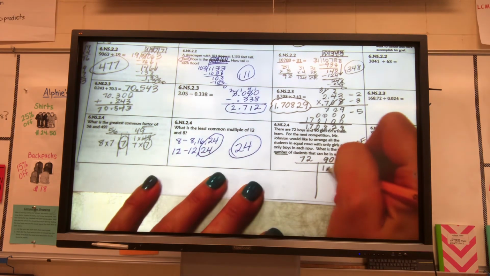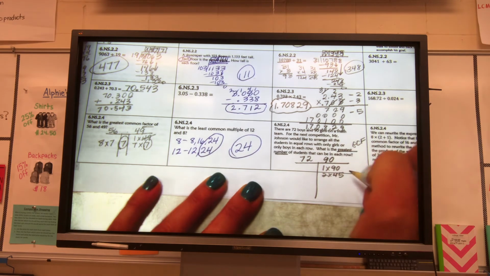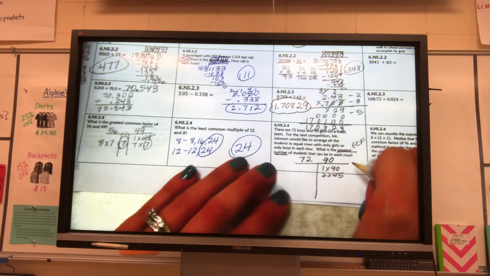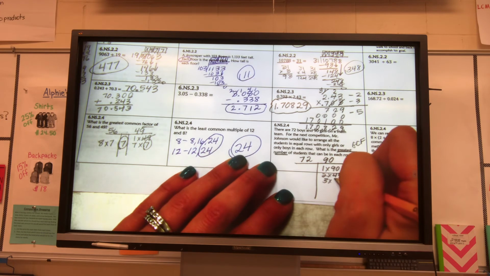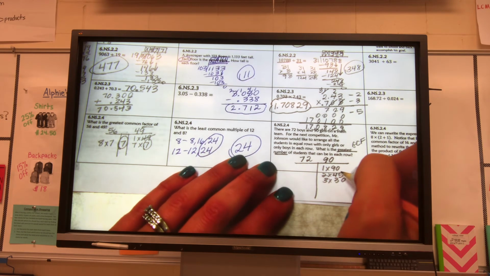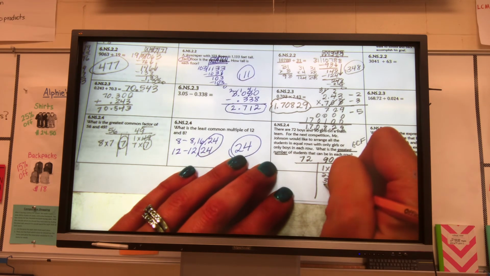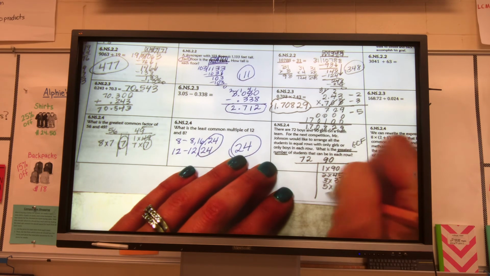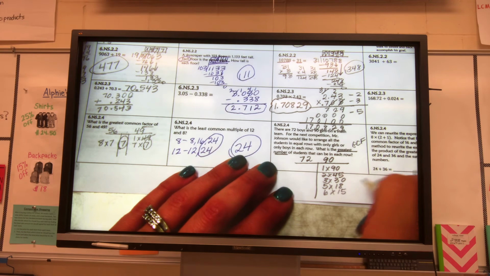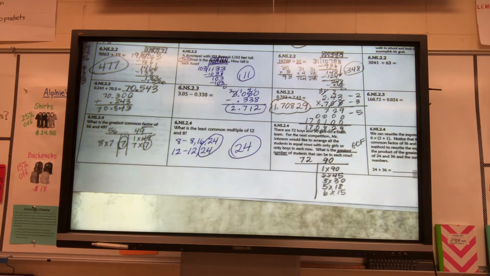Well, 1 times 90, 2 times 45, 3 times 30, 5 times 18, 6 times 15, and I can keep going. But let's ask ourselves, do any of these numbers go into 72?